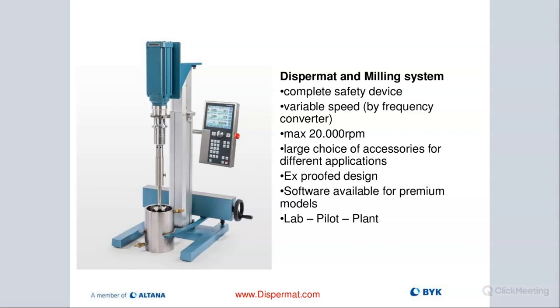It gives you the ability to store batches by name or product ID number, and you are really able to monitor all the different variables that are important in my milling or dispersing process, such as my speed, my energy input, my torque value, time and temperature, all displayed right there. I can also program what's called cutoff values.